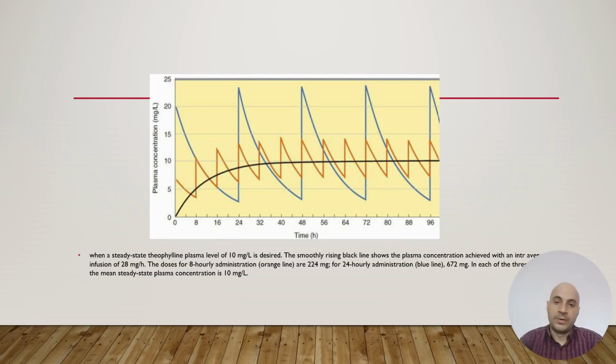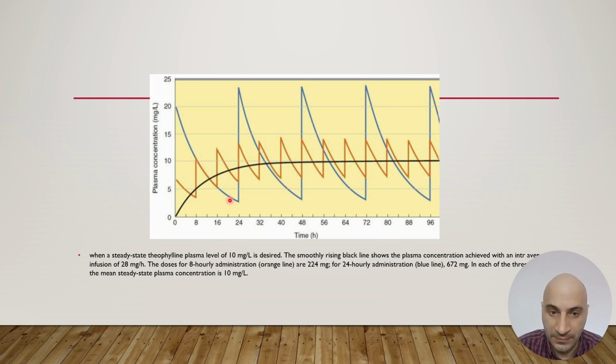So if we want, for example, to administer theophylline and reach a steady state concentration of 10 milligrams per liter in the blood, we can either administer IV and monitor and then get the steady state concentration to 10 as we see in the black line, or we can give it once daily at a dose of 672 milligrams.